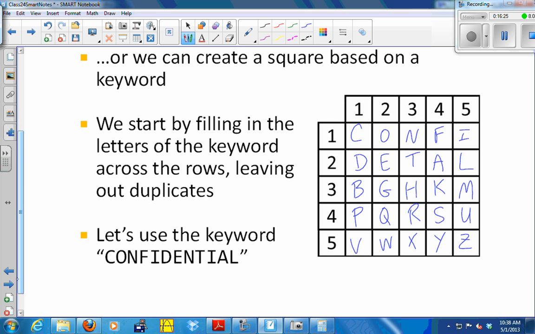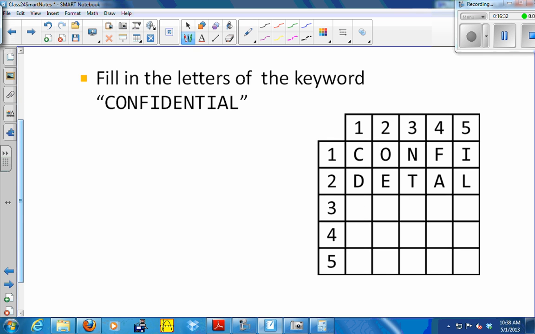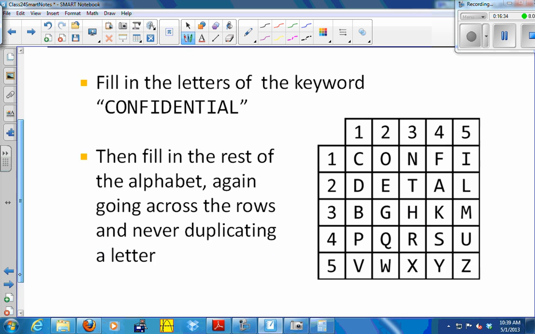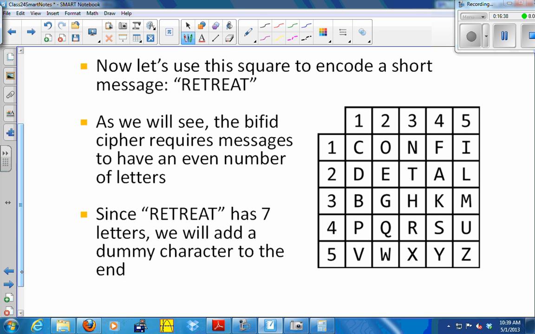All right, so now we know how to make our Polybius square. I'm going to use it to encode a message. I already did this. Okay. So I'm going to encode the message retreat. Every letter in the Polybius square, I can express where it is by giving the row and the column.